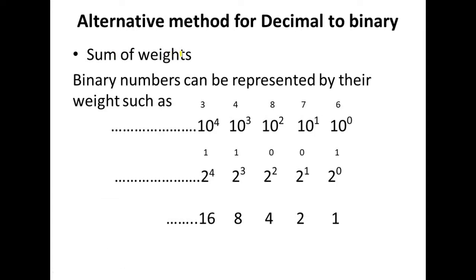Sum of weight method. We know that any number, here we have taken a decimal number 34,876. So what is the weight of 6? Here we know that the first digit is called the unit digit, and after this 7 is called the tens digit, and 8 is called the hundreds digit, and 4 is the thousands digit, and so on.